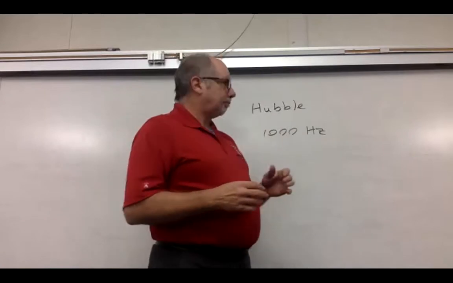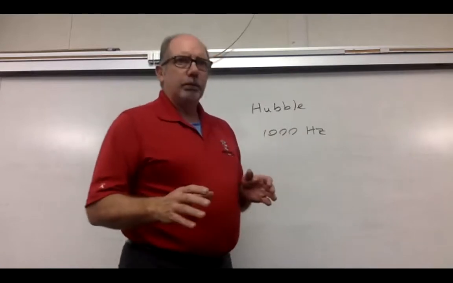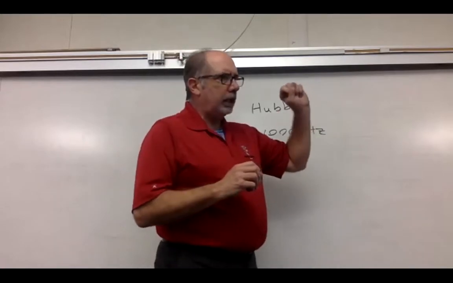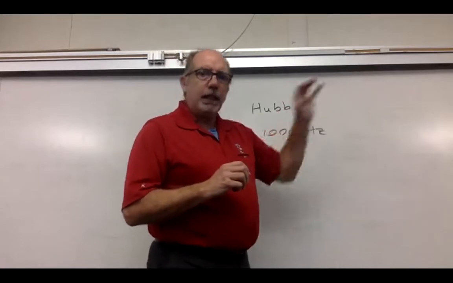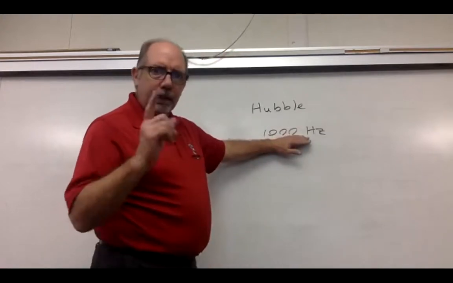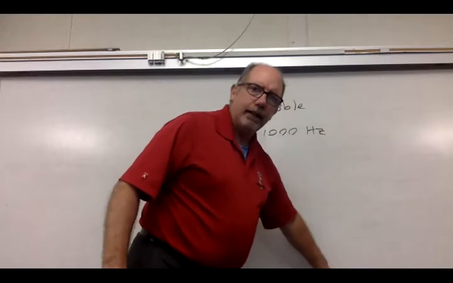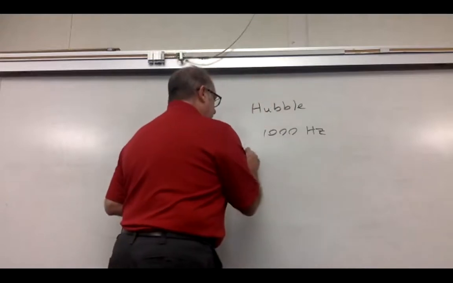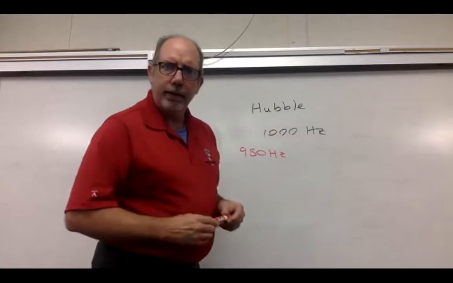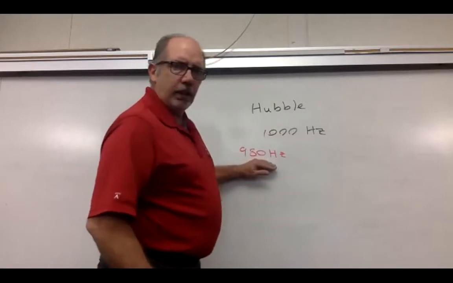For example, well, that's a bad example. I was going to say Andromeda, but that's a bad example. He looked at a galaxy, and he expected to see 1,000 hertz light, but he didn't. He didn't get that. Instead, he got 980 hertz. Okay, so that galaxy is moving away from us.